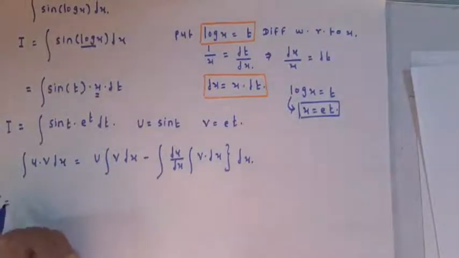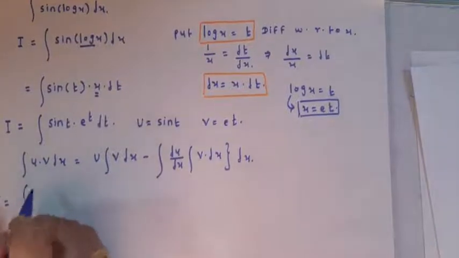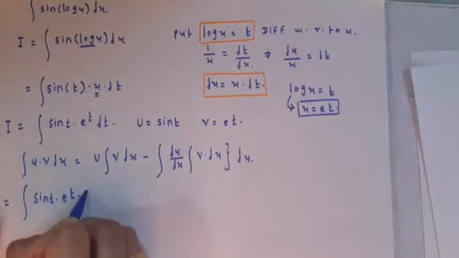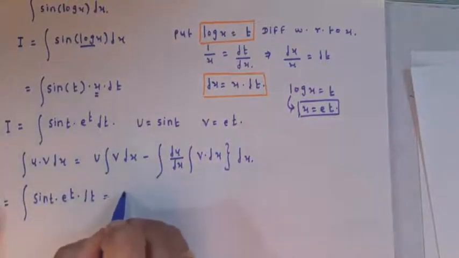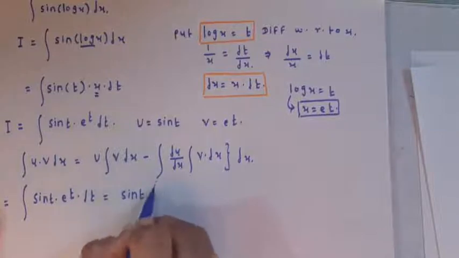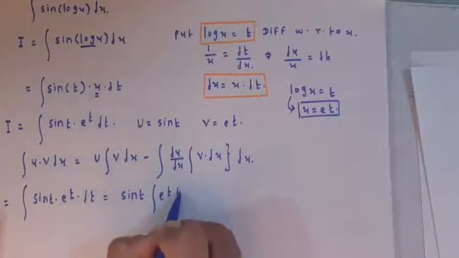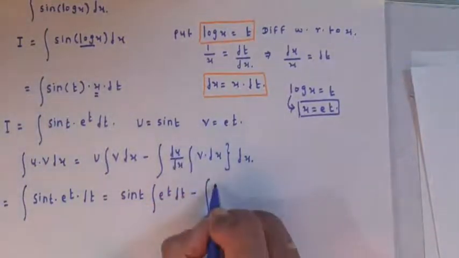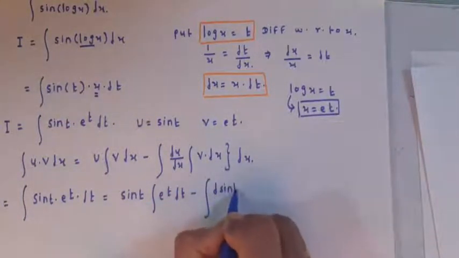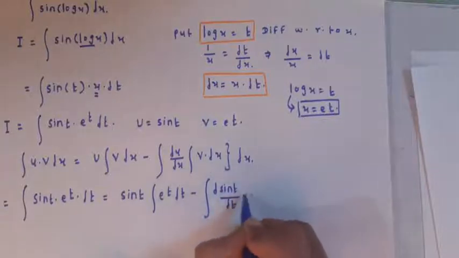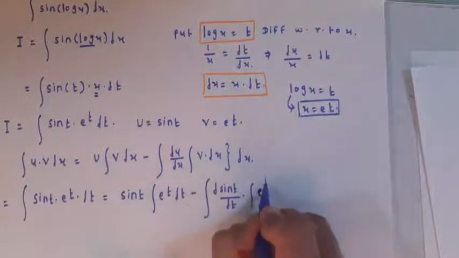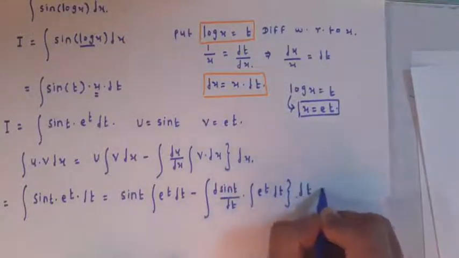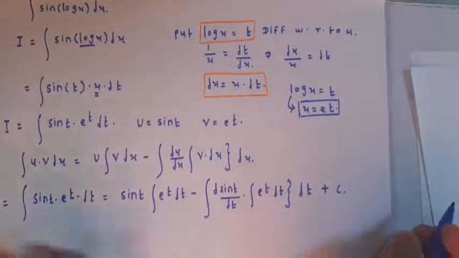Now integration I equal to integration of sine of t into e raised to t dt. So u as sine of t, integration of e raised to t dt, minus integration of differentiation of u, meaning differentiation of sine of t with respect to t, into integration of v, meaning e raised to t, with respect to t, and whole integration with respect to t plus constant of integration c.